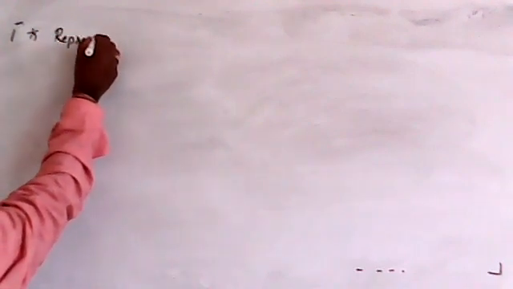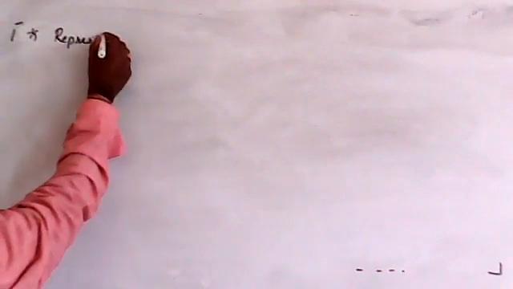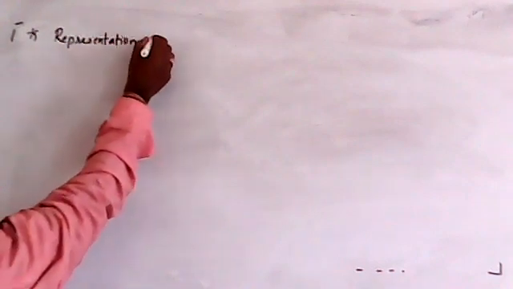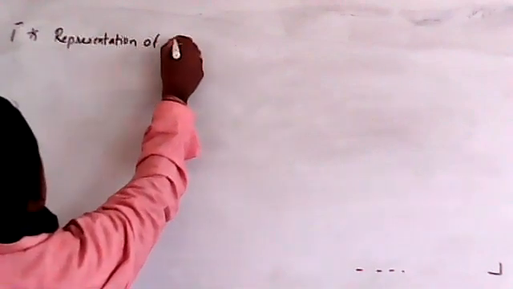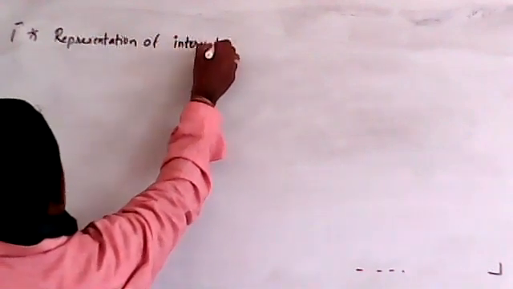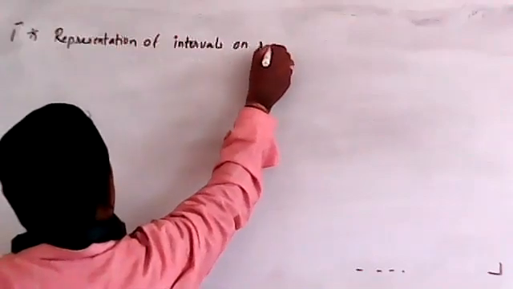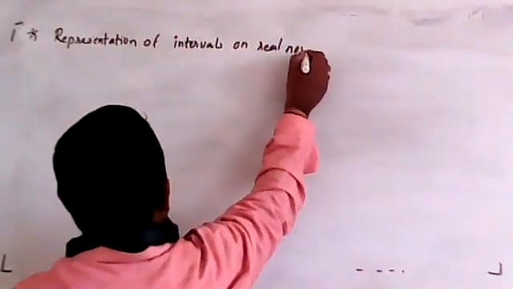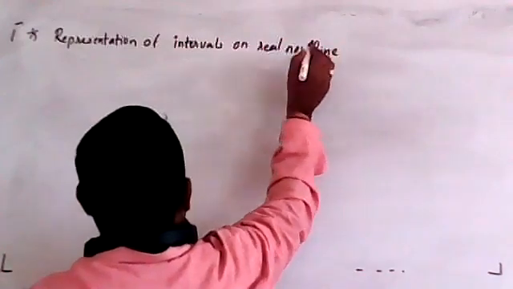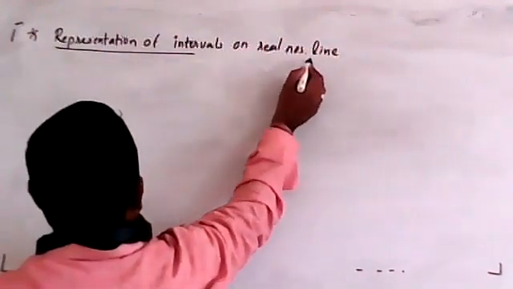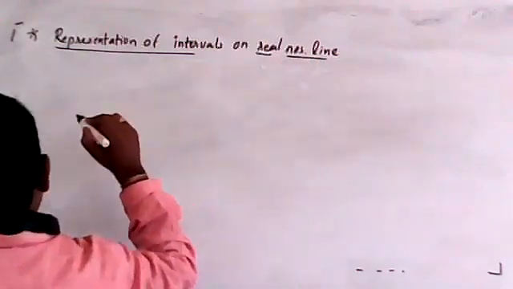Now I'm telling about the representation of real numbers on a real line, or the representation of intervals on the real numbers line. Not only number line, which number line is it? Real numbers line, okay?